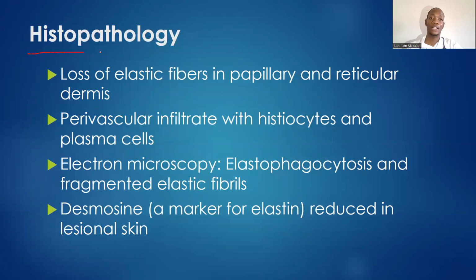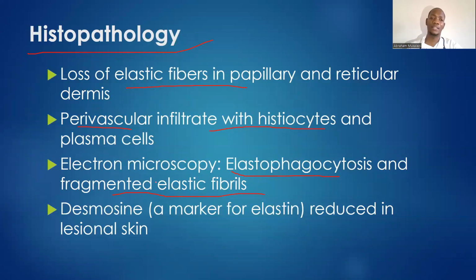Histopathologically, if you take a sample, you have marked loss of elastic fibers, especially in the papillary and the reticular dermis. Sometimes you will see infiltrates of histiocytes and plasma cells, especially around the blood vessels. If you look at the slide under electron microscope, you will see phagocytosis occurring, and fragmented elastic fibers will also be noted.